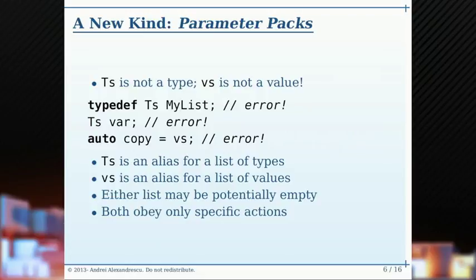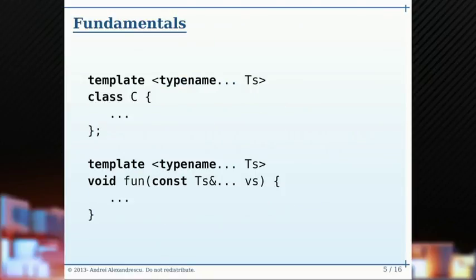Similarly, you can't instantiate such a list of types. You can't say, well, Ts, let me create a value of this type, and it presumably has an instance of each type. That, again, doesn't work. And you can't, of course, copy the values, even inside this function here, fun. You can't say, well, I have Vs, so let me create a local copy of Vs. So it's a very bizarre thing.